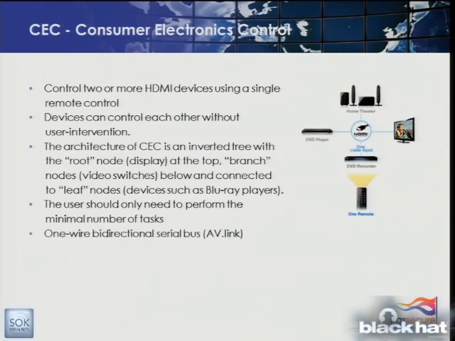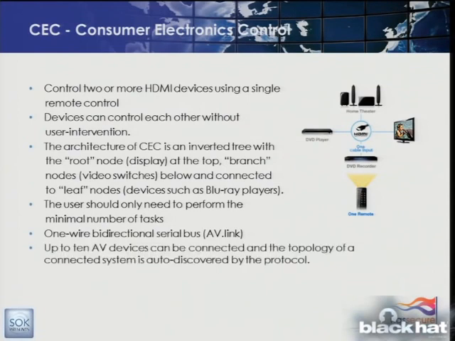It runs over a one-wire bidirectional serial bus using the AV Link protocol. And you can have up to 10 physical devices connected. And just a little bit about the actual protocol itself. There's a concept of physical addressing and logical addressing.